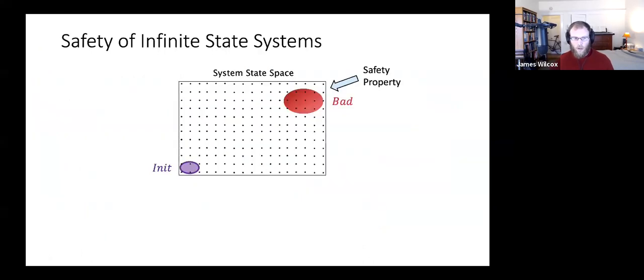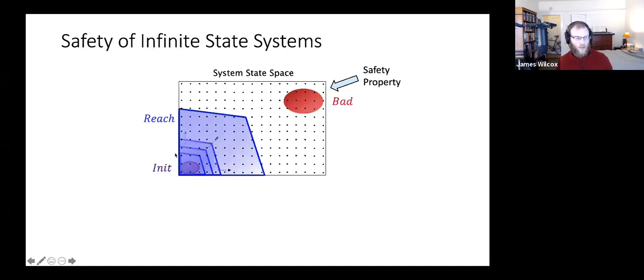So the picture that I want you to have in your head is like that graph cut picture that we just drew a couple minutes ago. We have some initial states where we start execution. We have some bad states that capture the property that we're trying to prove that we don't violate. And execution proceeds, right? We can take one step from the initial states, and these are the states reachable in 1 step. We can take another step, we get states reachable in 2 steps, in 3 steps, and so on.